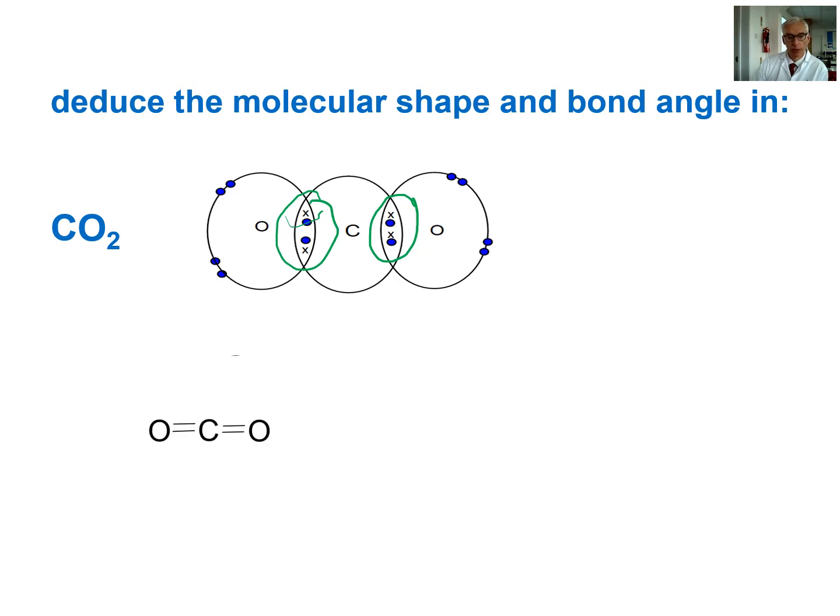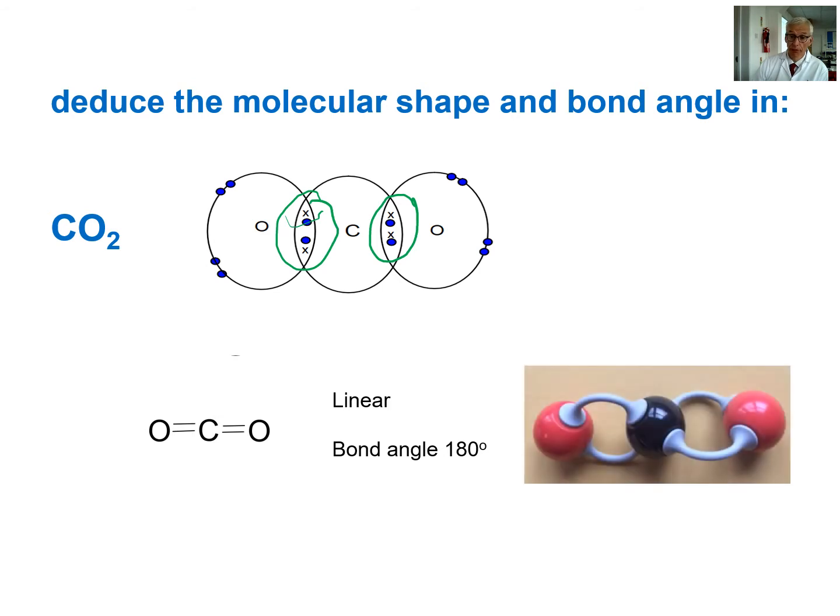So we'd arrange carbon dioxide in a linear fashion with a bond angle of 180. And if we make a model of it, we can see that that confirms. So our modelling kits do actually reveal the shape of the molecule using this theory.